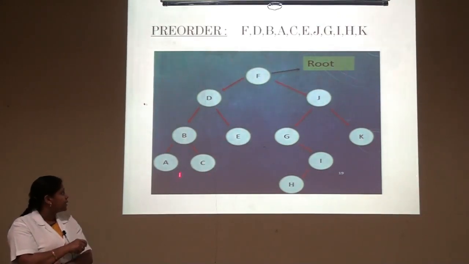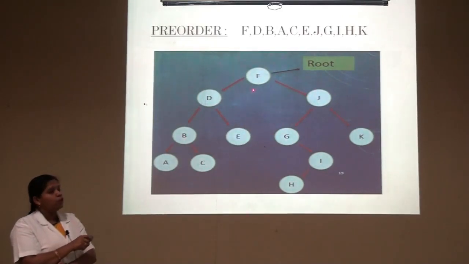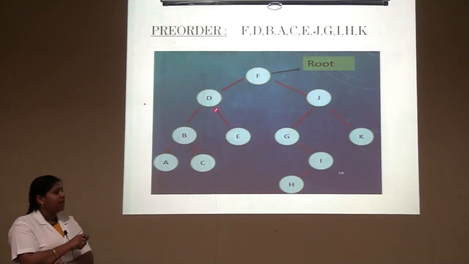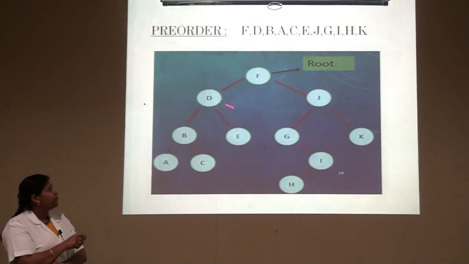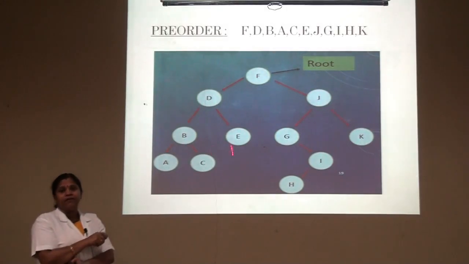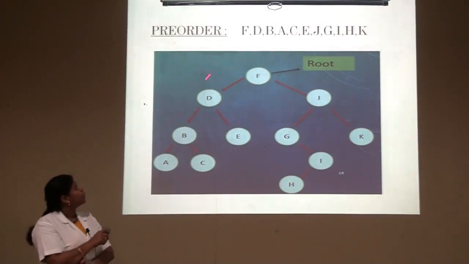So the procedure followed here is: visit the root node, then the left child node and the right child node. After visiting F, we go to its left subtree, which again has a left child and right child, so we go to the left child again. So F, D, B, then A, C, then E. This is the way we traverse following the pre-order.